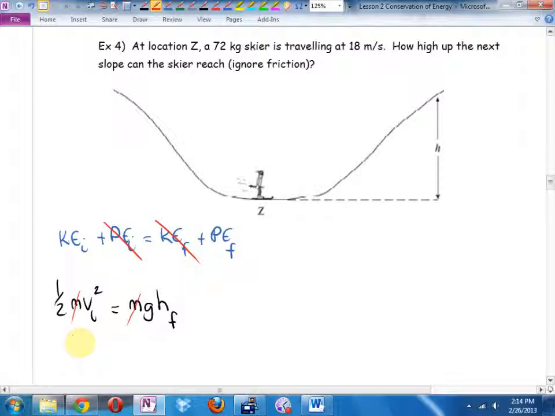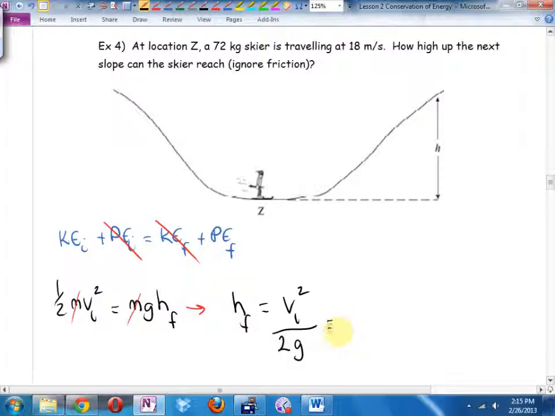Hey, what are they asking me to find here? Let's get the h by itself. How? Oh, it's going to be the same. We saw this earlier. It's going to be V initial squared, divided by g, and instead of times by half, I'll put a 2 down there, Roy. That looks prettier. Yes?